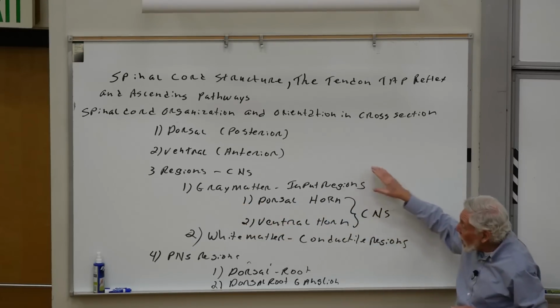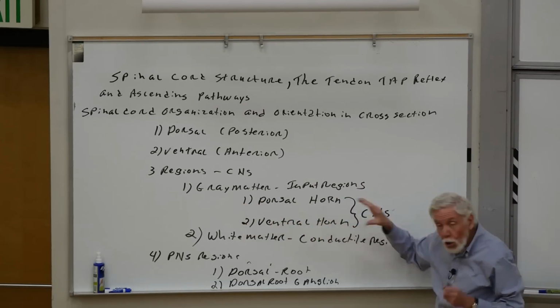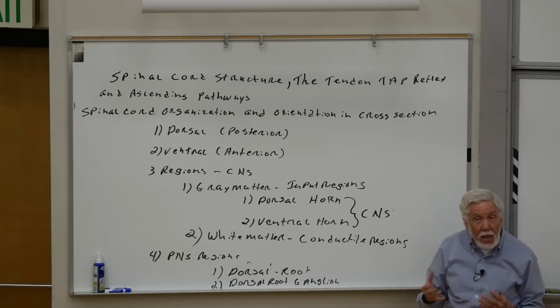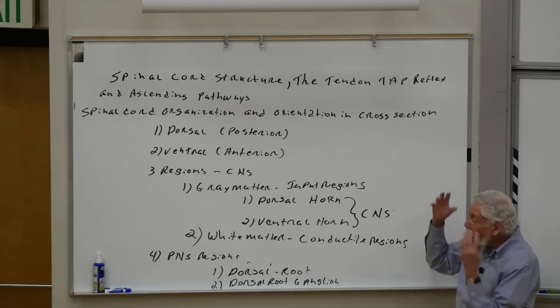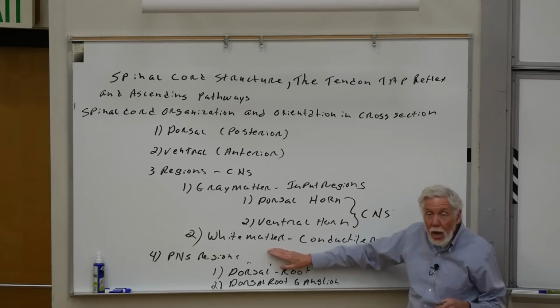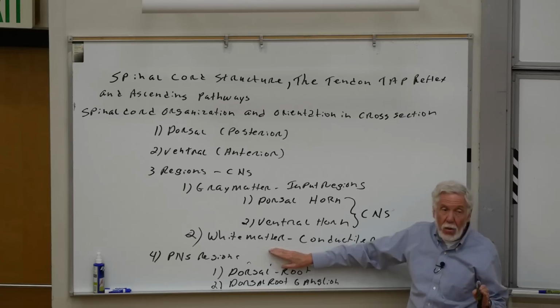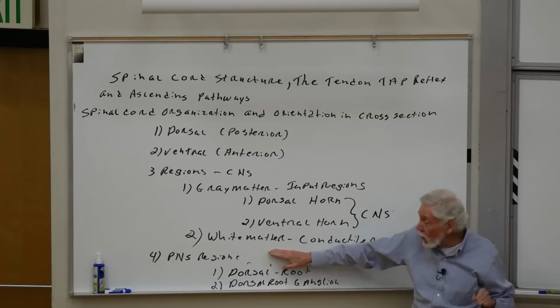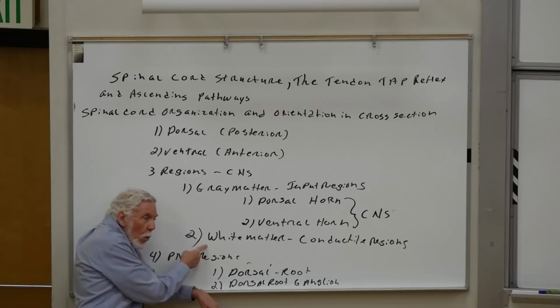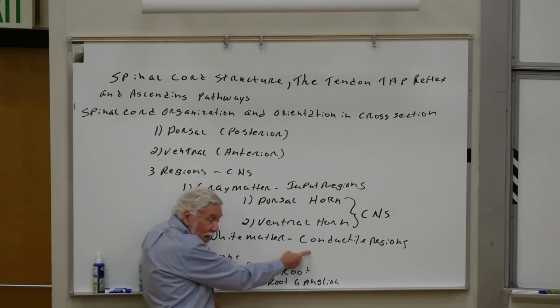And then we'll recognize that in contrast to the gray matter, which is organized almost in a butterfly kind of shape in the center of the spinal cord, outside of that is going to be the region of the white matter. Now, the white matter was named long, long ago, before we understood the cellular organization of the central nervous system. And what we'll find here is when we talk about white matter, what we really mean are conductal regions.